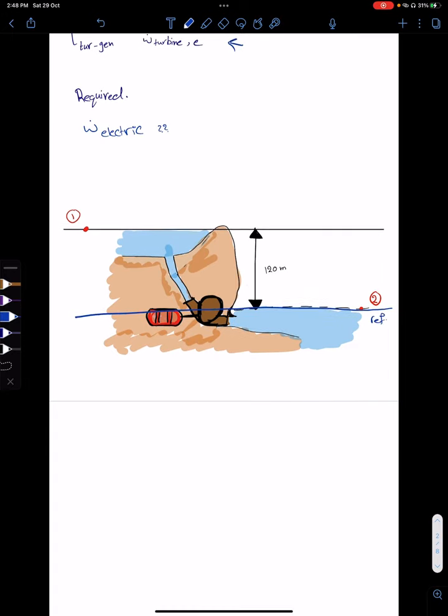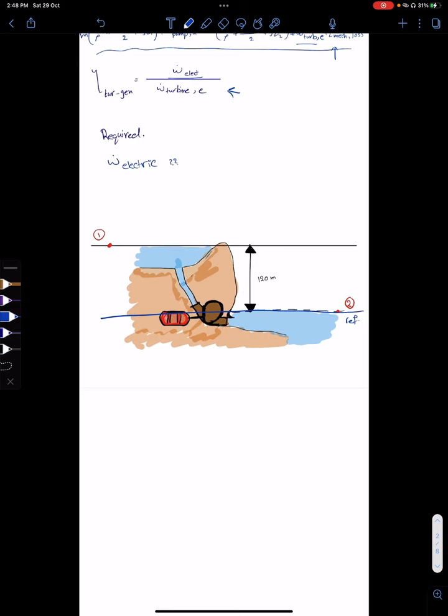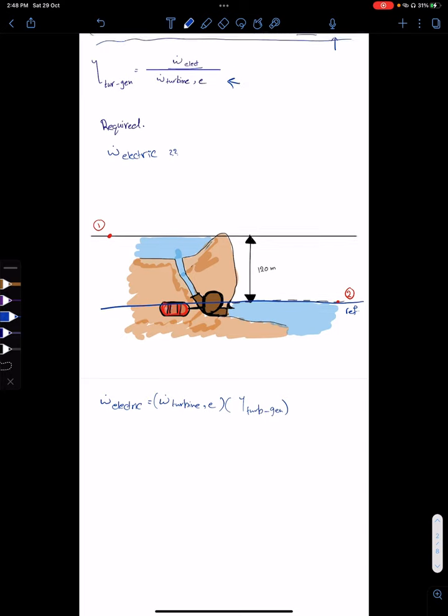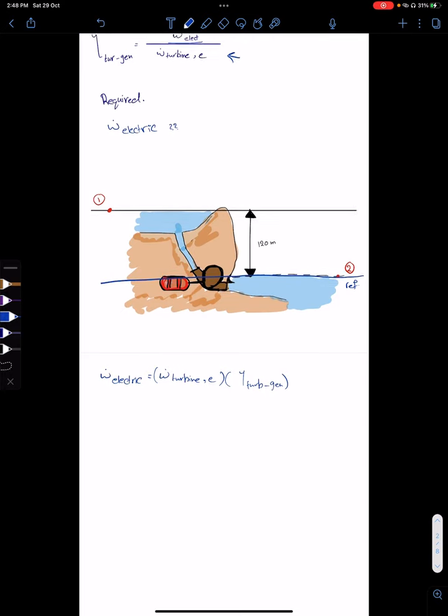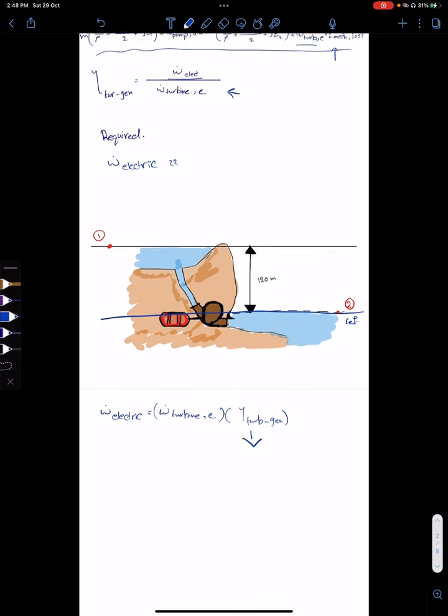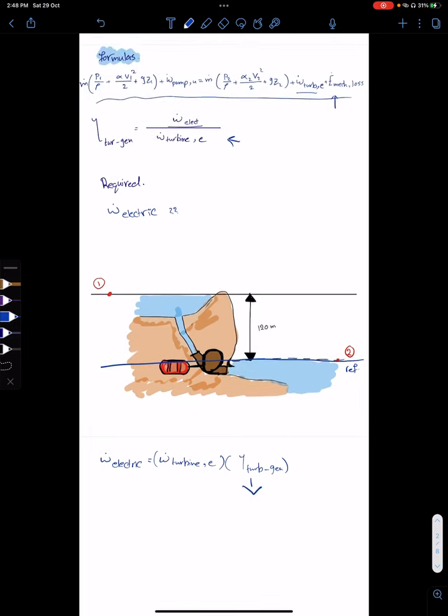Okay, let's begin. To find W dot electric, we will say W dot turbine E will be multiplied by the efficiency of the turbine generator. How to find the efficiency of the turbine generator?